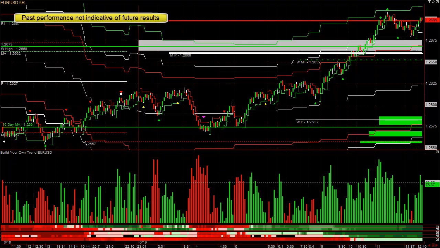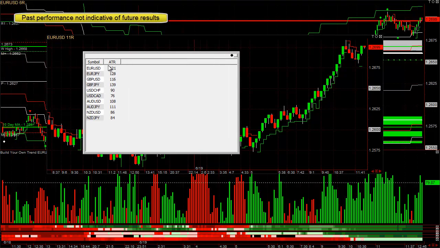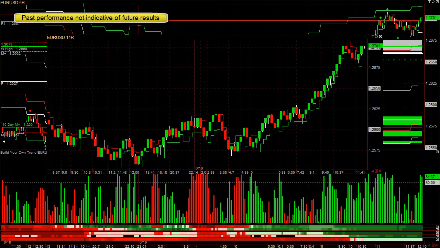Some of our traders have been emailing me and telling me they're having good luck with longer time frame charts. I look at a quote sheet of the symbols and then the average daily range, how much average true range, how many pips a day they move. Euro dollar about 121, so an 11, 12, 13 pip per bar range chart makes sense.